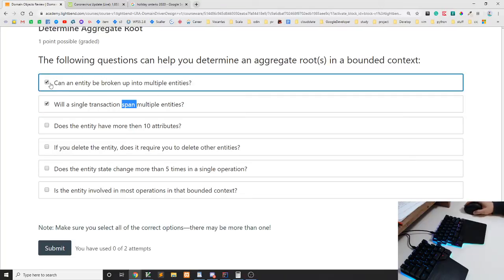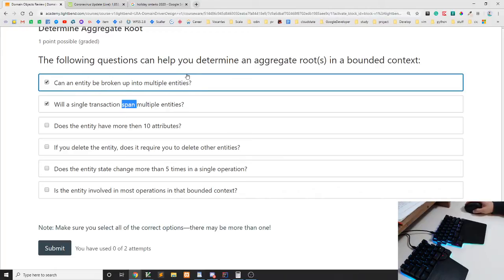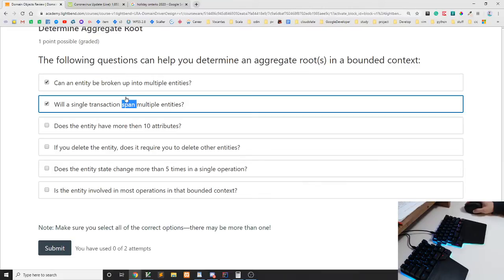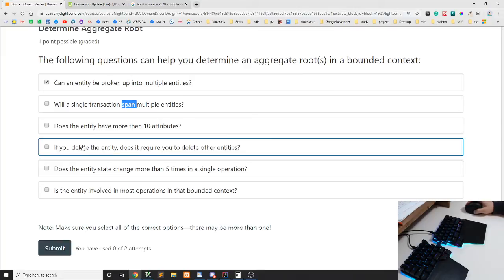This one can be determined for the aggregation root. Will a single transaction span multiple entities? Does the entity have more than 10 attributes? No. If you delete the entity, does it require you to delete other entities?